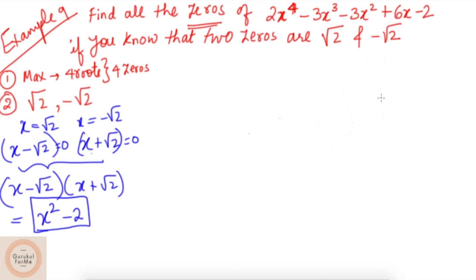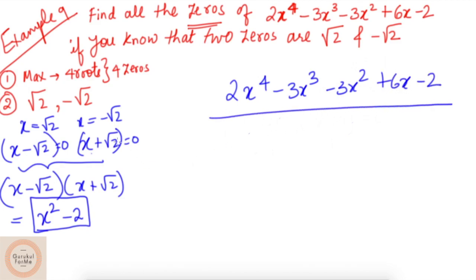Can I say that if we have 2x raised to 4 minus 3x cube minus 3x square plus 6x minus 2, what are the zeros here? Root 2 and minus root 2. So what are the factors? x minus root 2 and x plus root 2.